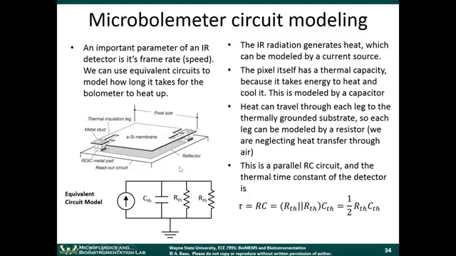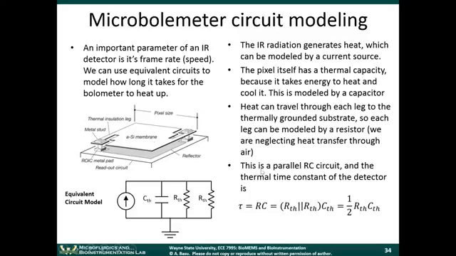The substrate is cold, so it flows from the membrane into the cold substrate like this. That heat flow can be represented by currents in this electrical circuit model. Currents flowing through these two resistors basically model heat flow going from the membrane into the substrate. This thermal capacitance models the energy storage, the heat storage in this membrane.